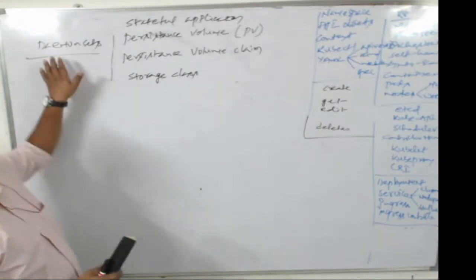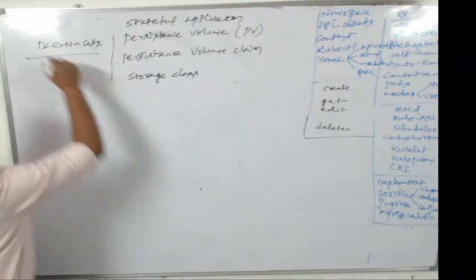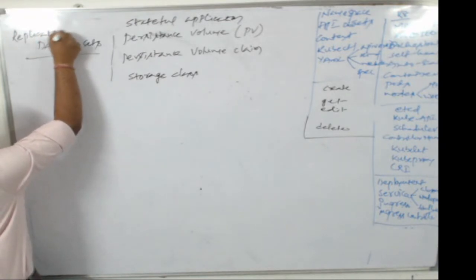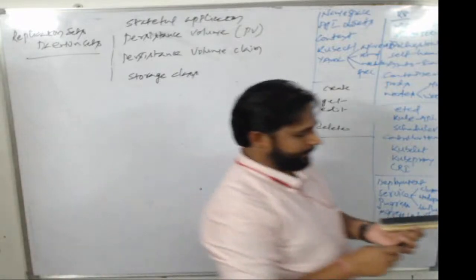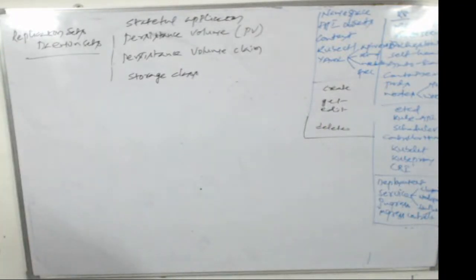All right. Daemon sets. These daemon sets are related to replica sets. Replica sets we already know. What is a replica set? Let's get back to our original structure.